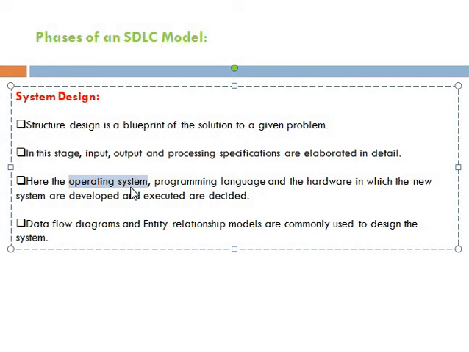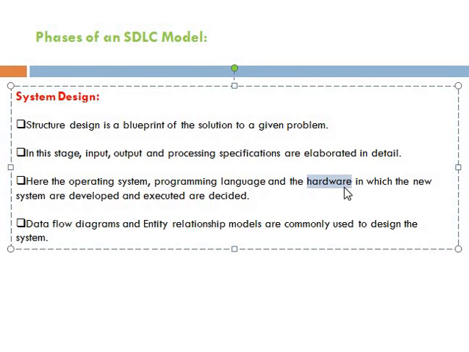Examples of such operating system can be Windows, Linux, or Mac. The programming language required to develop that software application is also being decided. The examples of programming languages can be Java, PHP, C#, etc. And then, in addition to that, the hardware requirement is also decided.